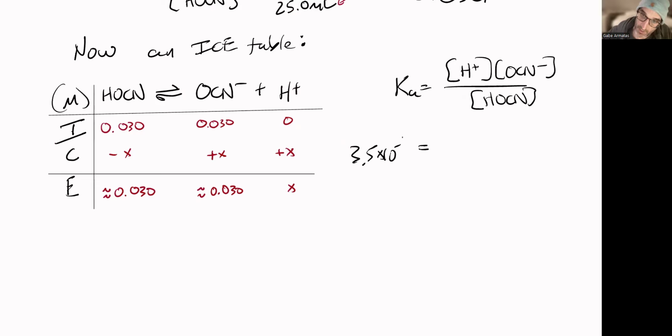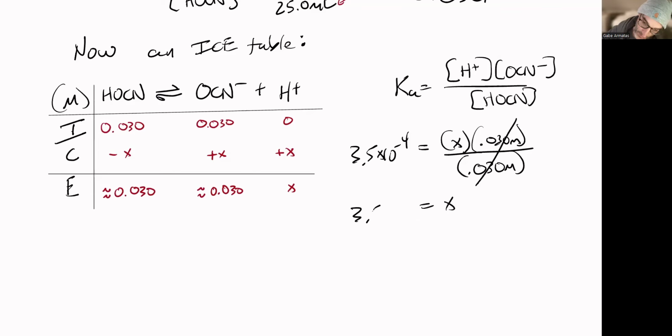By the way, this is all leading to something that is going to be very boring and very intuitive in the end. So 0.030 molar over 0.030 molar. See what's going to happen. X on this side, because these two cancel, equals 3.5 times 10 to the negative 4.